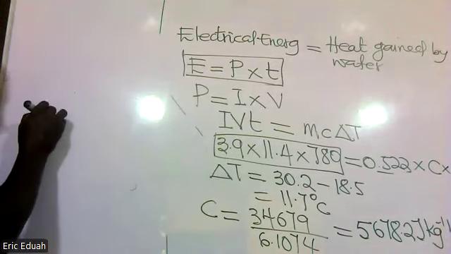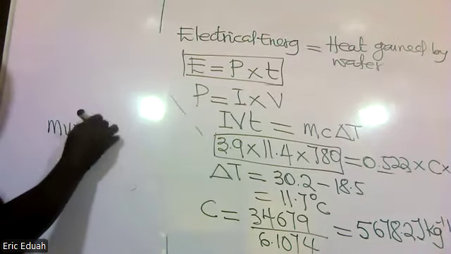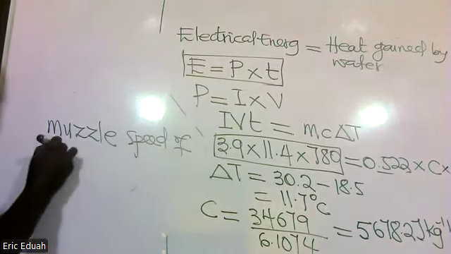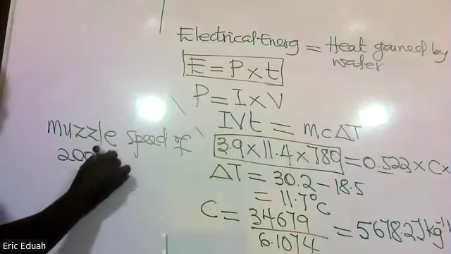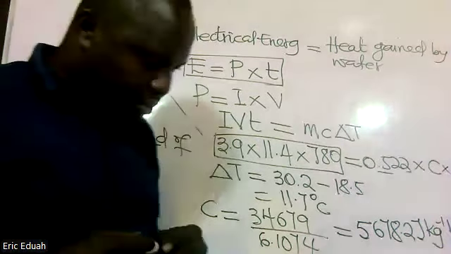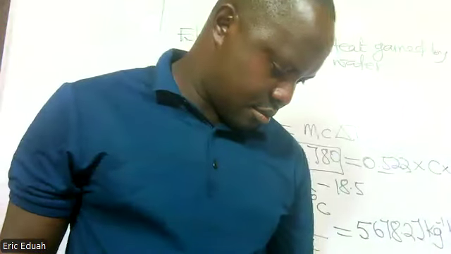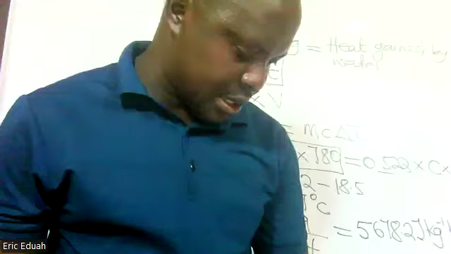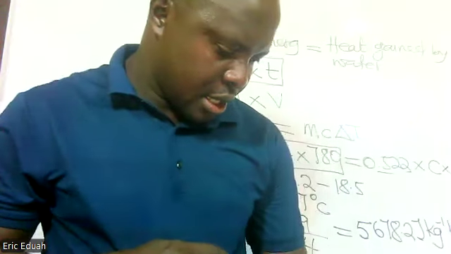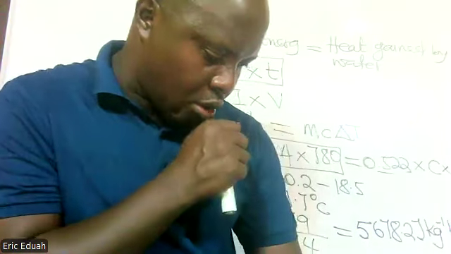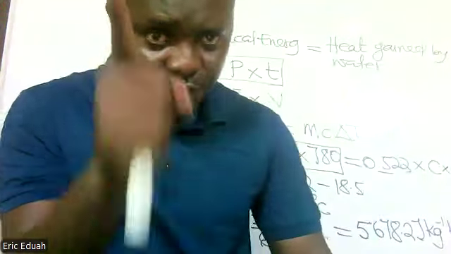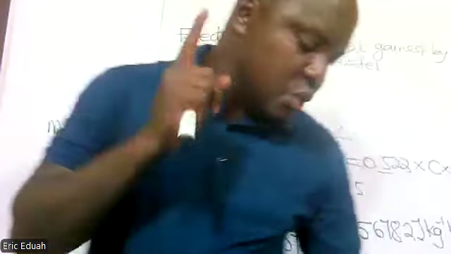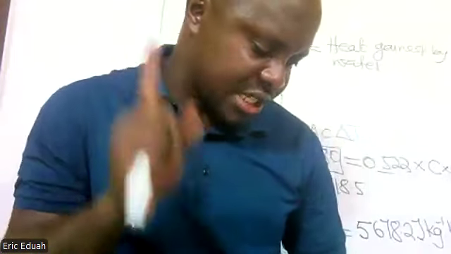The muzzle speed is just the speed of the bullet. He fires the bullet of this mass and this speed into the wall of a saloon.